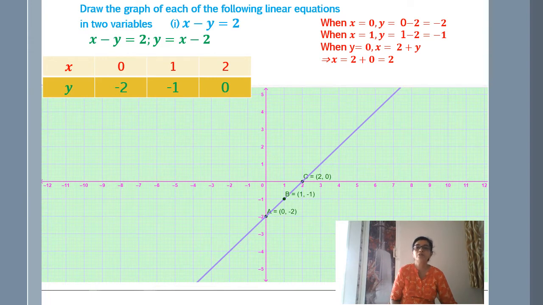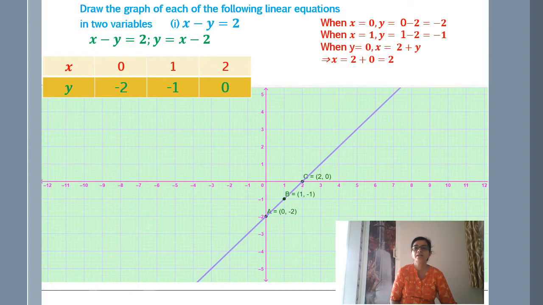In between, for the third pair of coordinates, you can use any one value of x. Always take small values like 1, minus 1, 2, minus 2, then the sum will become easier. Here I have taken x is equal to 1, which is the third value of x which I have used. And what do I get?